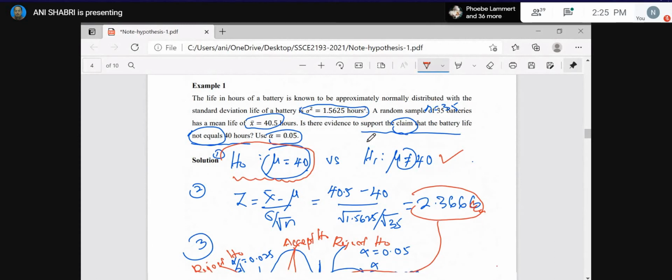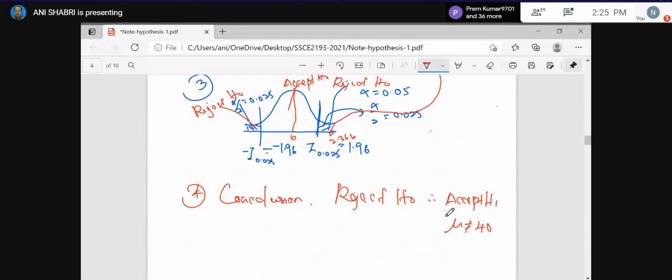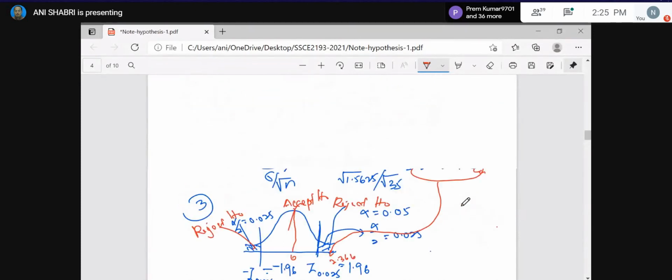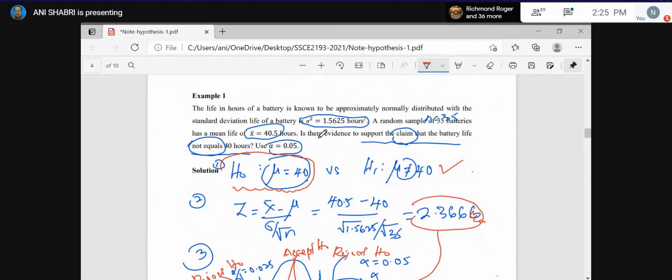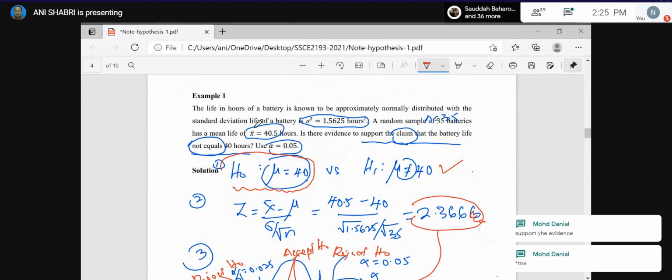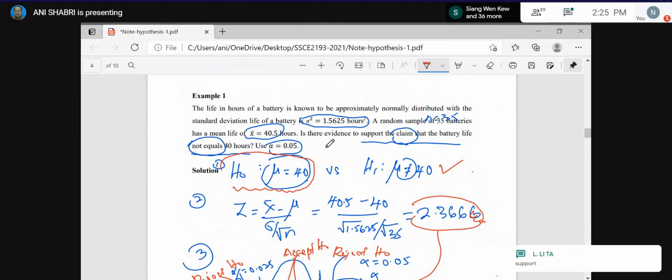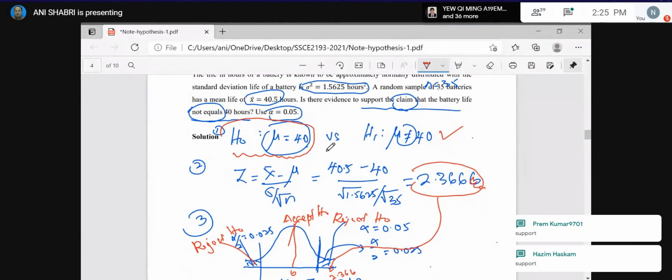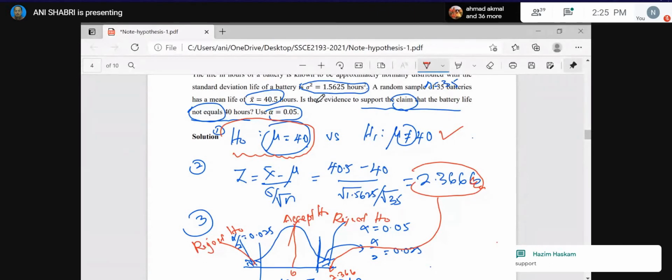From the hypothesis, we get mu not equal to 40. From example 1, do we support or not support? Support.